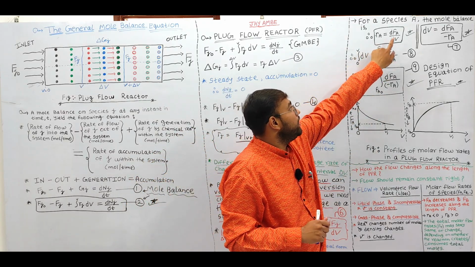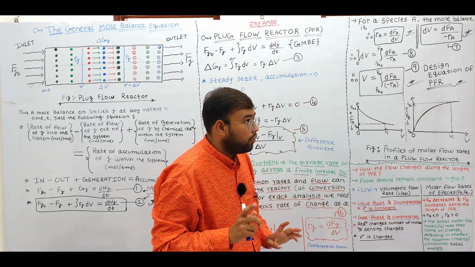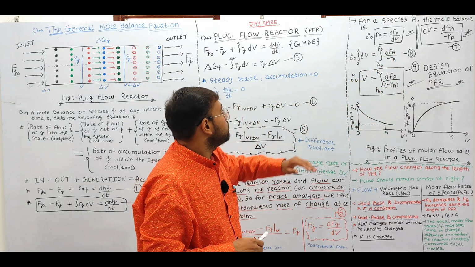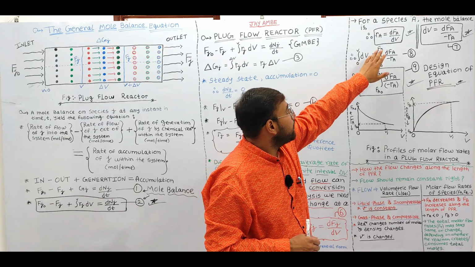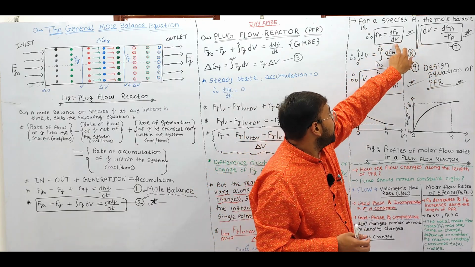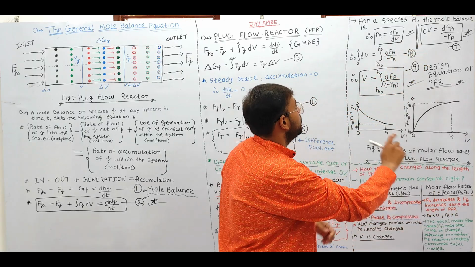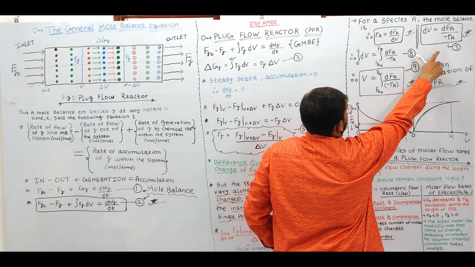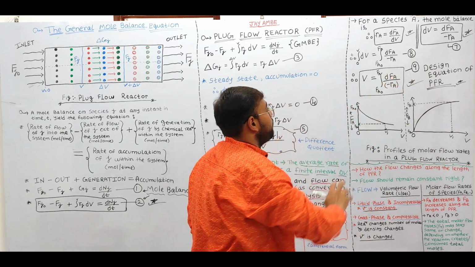So minus Ra is equal to dFA by dV. I hope you have understood. Now we can convert this equation into the dV form, making dV the subject. So dV is equal to dFA upon minus Ra. This is equation 7.